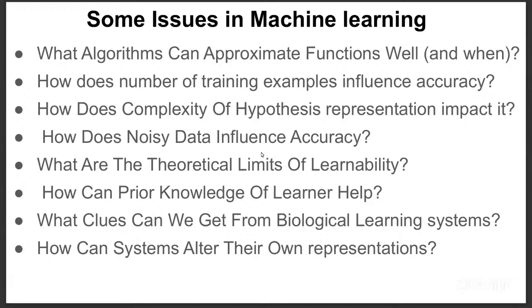Next, what else can we get from the biological learning system? What clues will we get from biological learning systems? We have natural learning ability. Suppose I give 10 random values to you and ask you to sort these values in ascending order. We use algorithms like bubble sort, selection sort, merge sort, quick sort to make the system sort those values.